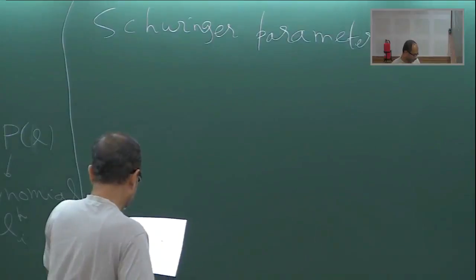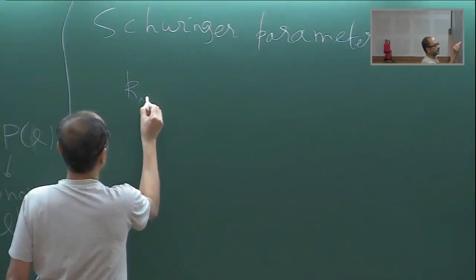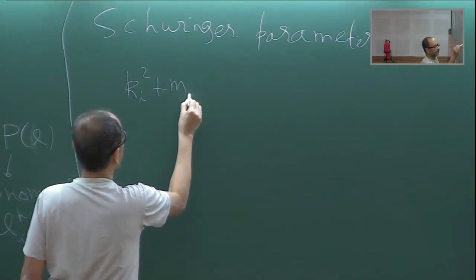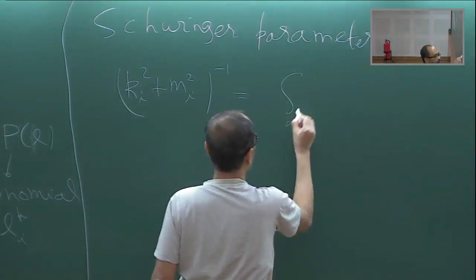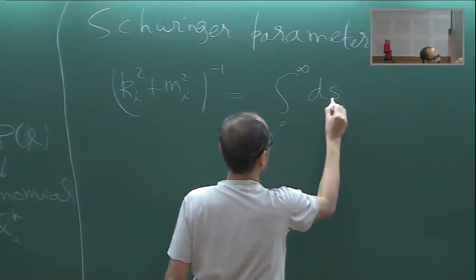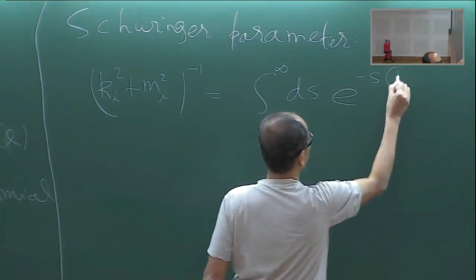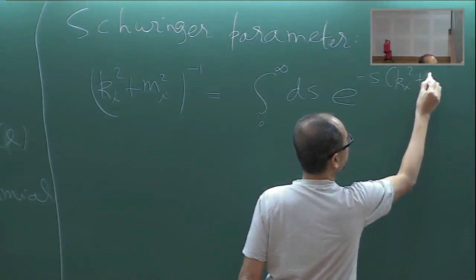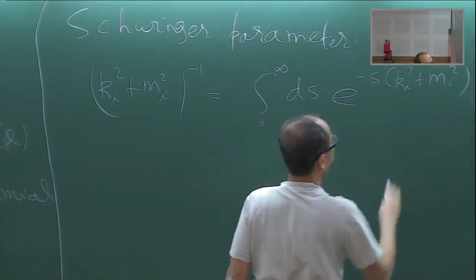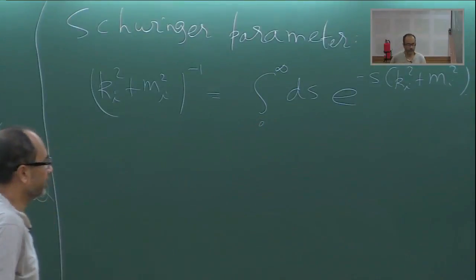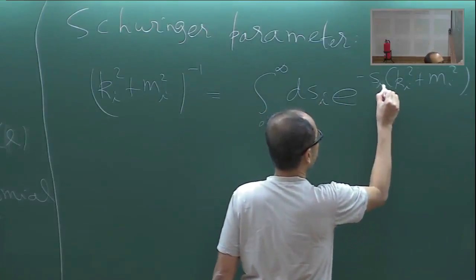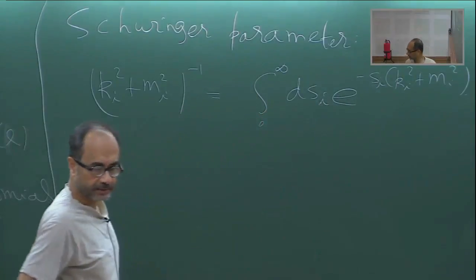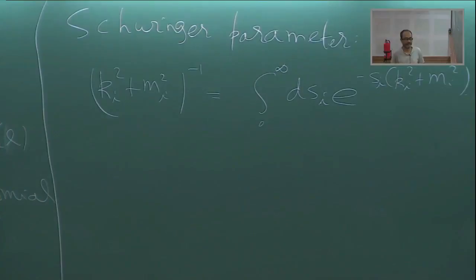Here we replace each of these factors by an integral from 0 to infinity. For each propagator we introduce a parameter s_i, which is the Schwinger parameter, and replace it by this integral.